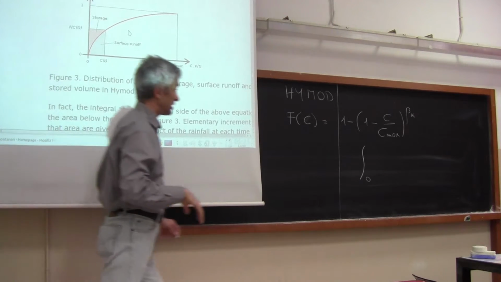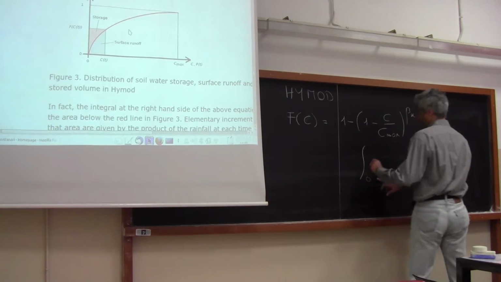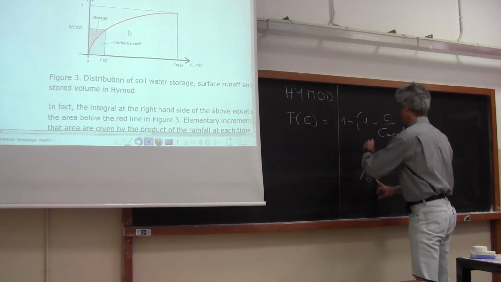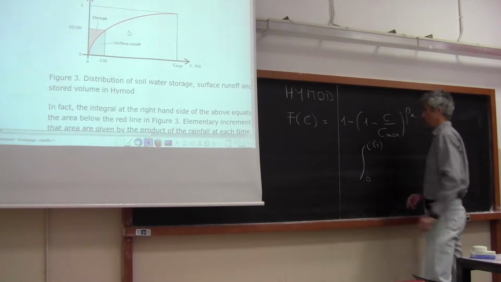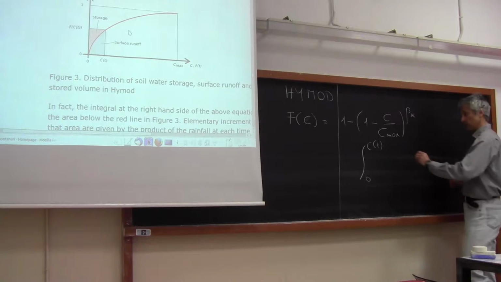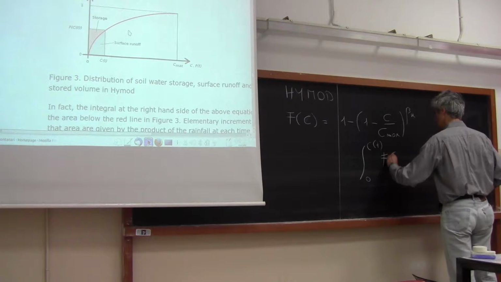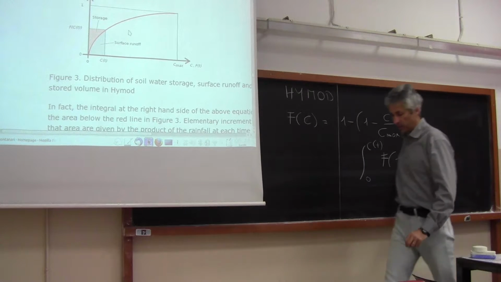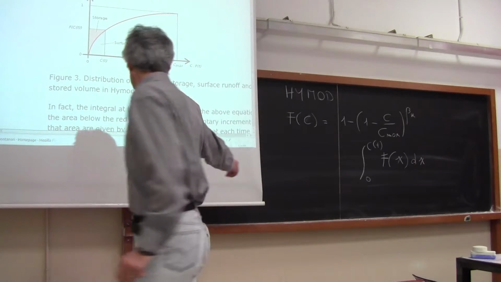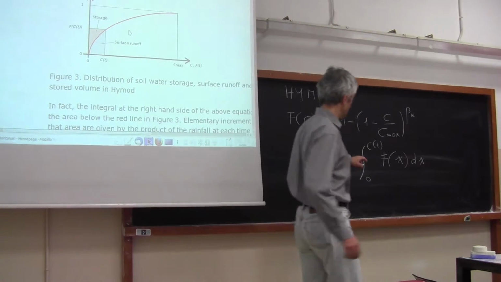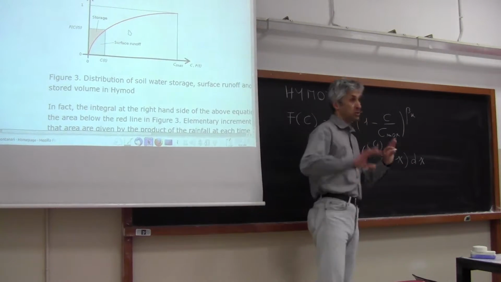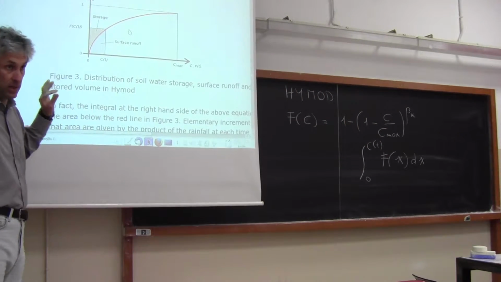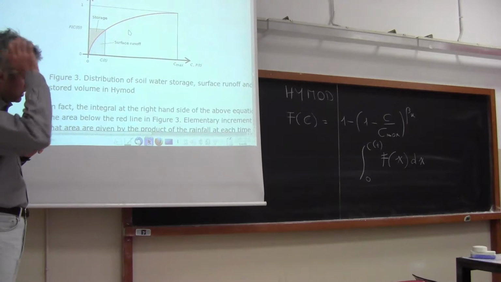Basically, we start the integration from a value of C equal to 0, and then we extend the integration up to a given value of C. So the integral of this function FC, where I call with the symbol K the variable of integration, is the area below the curve. We know this.